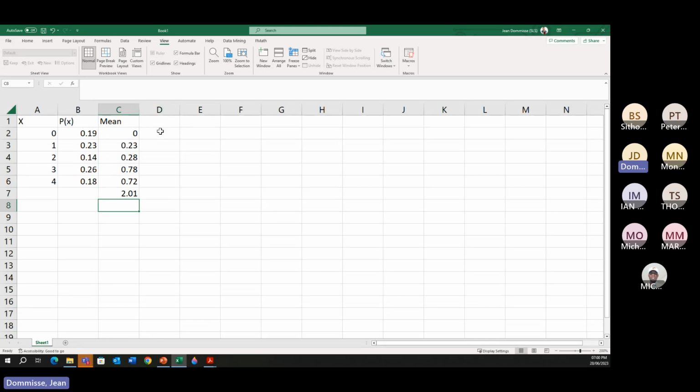Then remember, if we work out variance, the formula for that variance is that I take my x value, I minus the mean, I think it is still square.